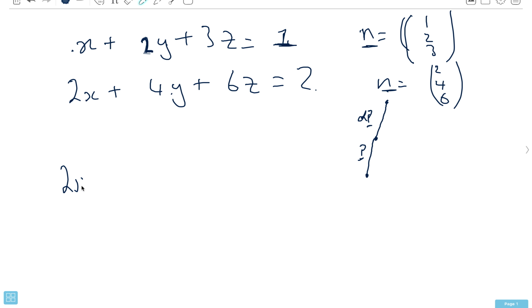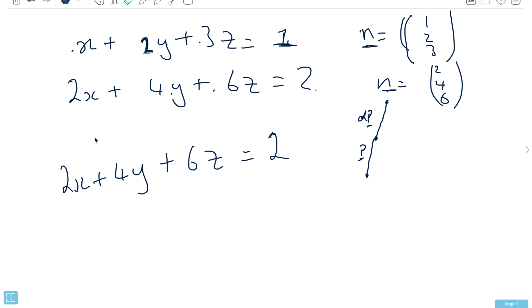So we have 2x plus 4y plus 6z. I'm multiplying the first one by 2. If I multiply d by 2, I get the second equation, which means that this is exactly the same plane. All the points on this plane also lie on this plane. Yeah?